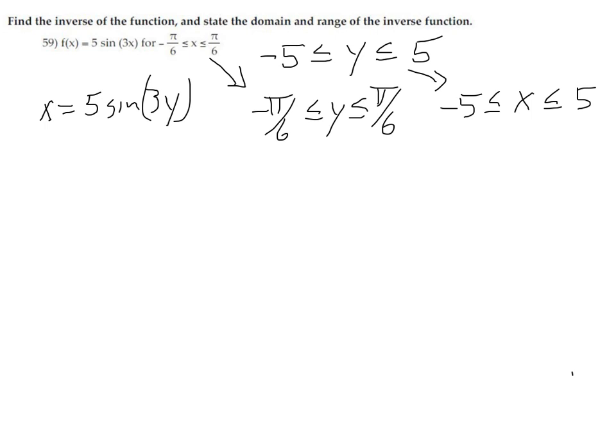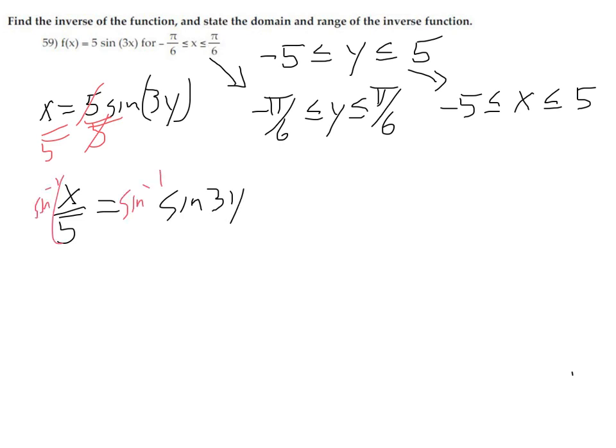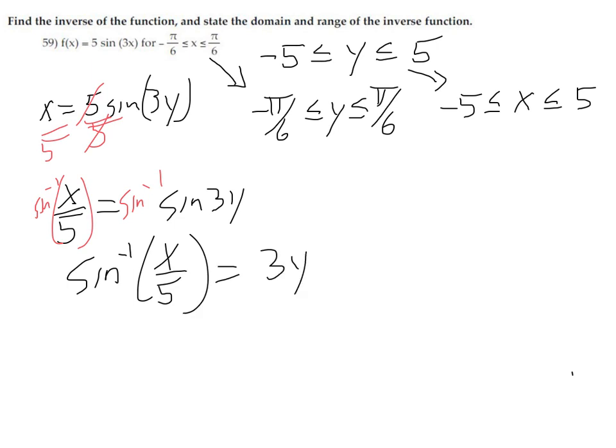Now, going back to our function, we've switched x's and y's. Now we start solving for y. We have x over 5 equals sine of 3y. We take arc sine of both sides, and we have arc sine of x over 5 equals 3y, and we divide by 3, and we have y.